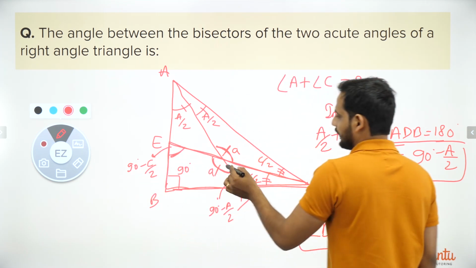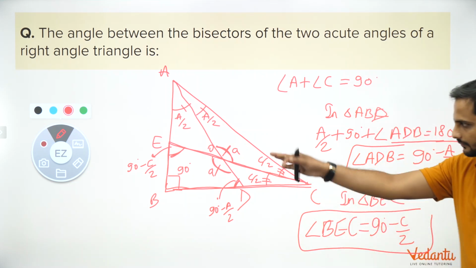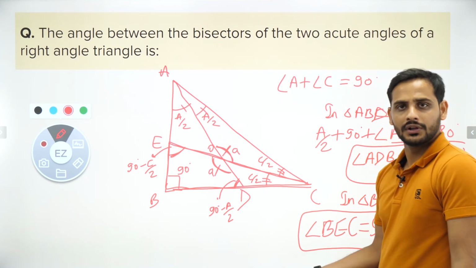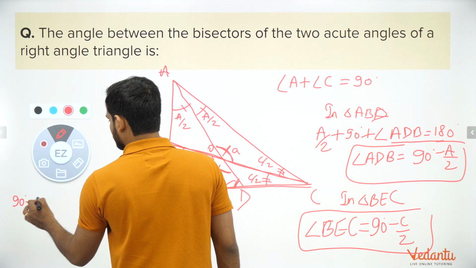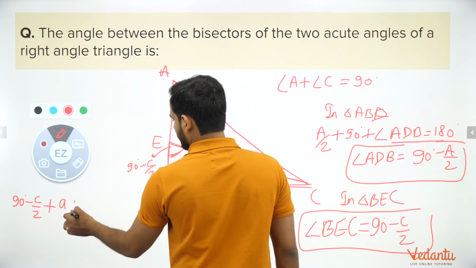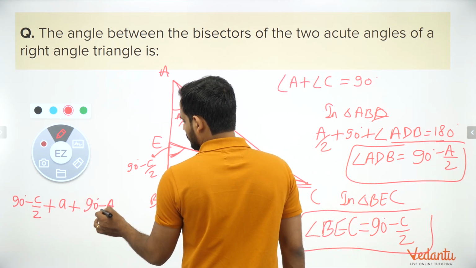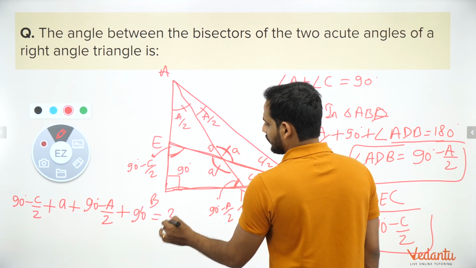Now let us say this is point O. So EODB is a quadrilateral, and the sum of all four angles should be equal to 360 degrees. So I will say 90 minus C by 2, plus this angle A, plus 90 minus A by 2, plus angle B, which is 90 degrees, is equal to 360.